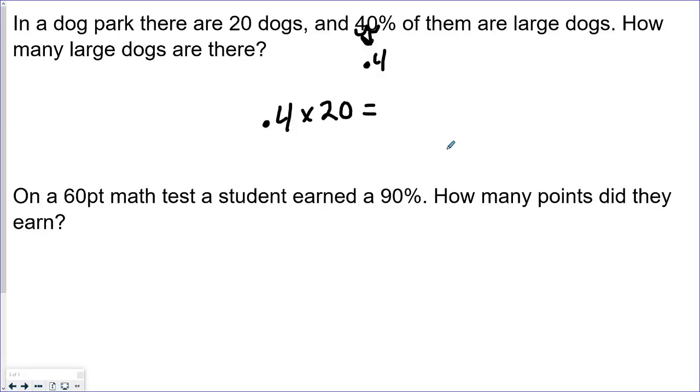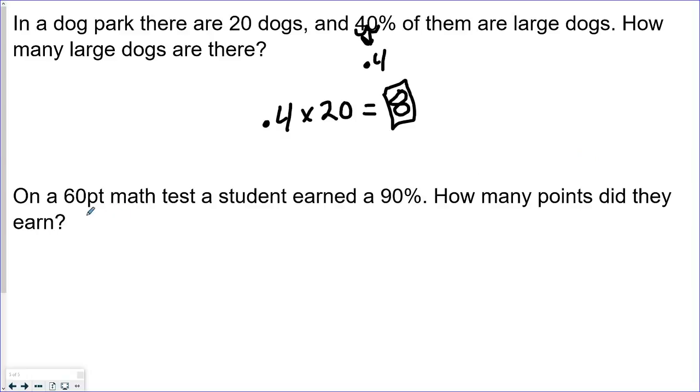So if we have 0.4 times 20, it's kind of like 4 times 20, then move the decimal, and you get 8. So there are 8 large dogs in the park. Which you can kind of think of, well, that should be true because 40% is pretty close to half, and half of 20 would be 10. So it should be less than 10, but pretty close to it, and that's what 8 is. 8 is less than half, but pretty close to it, which makes sense for 40%.